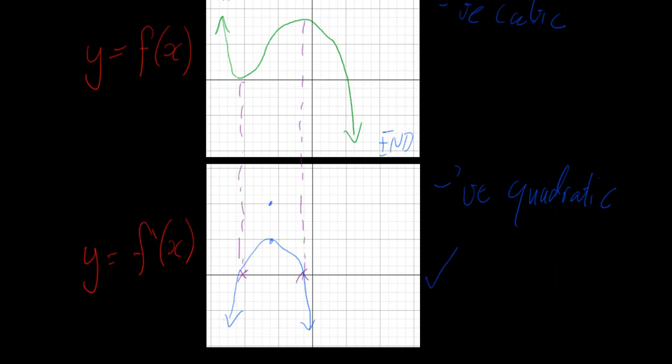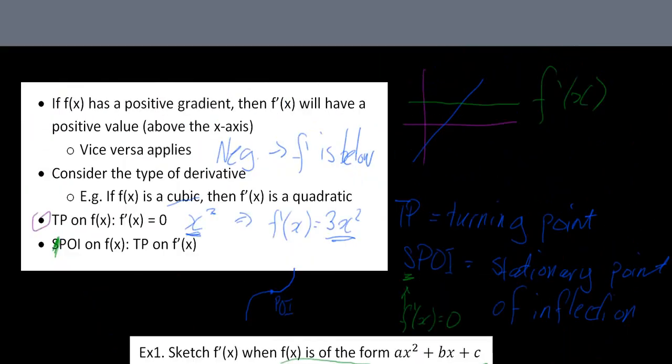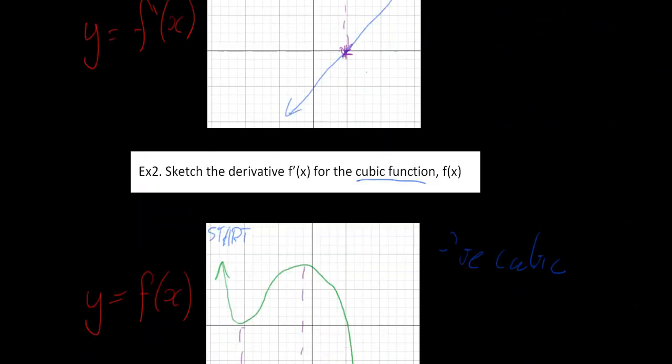Now, in terms of what this turning point means, let's just have a look back at one of our rules. So right at the top, remember that if you have a turning point on f dash, so when I can draw a straight line, this one over here, it means that we have a point of inflection on our original function.